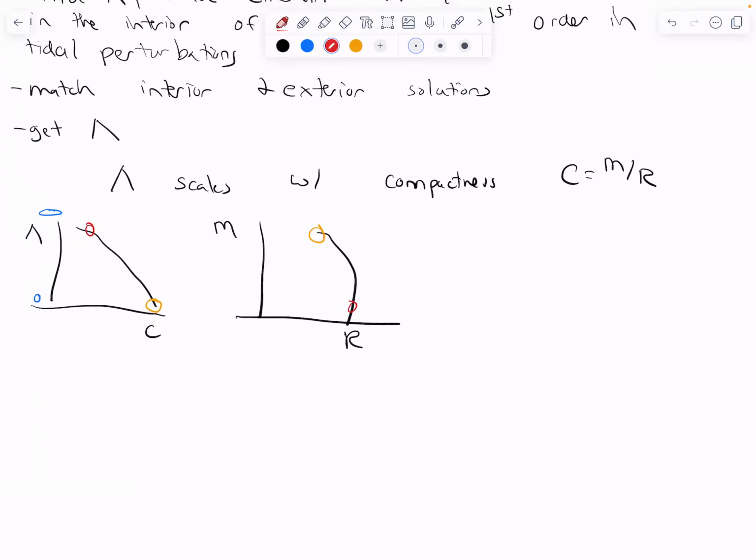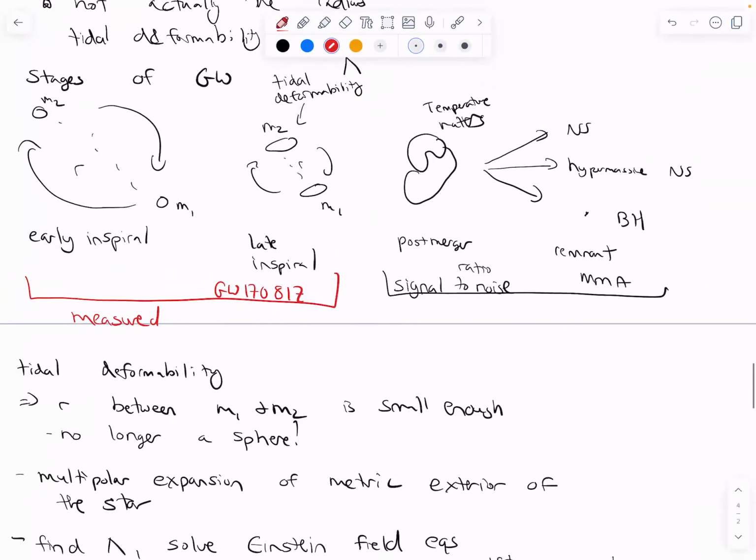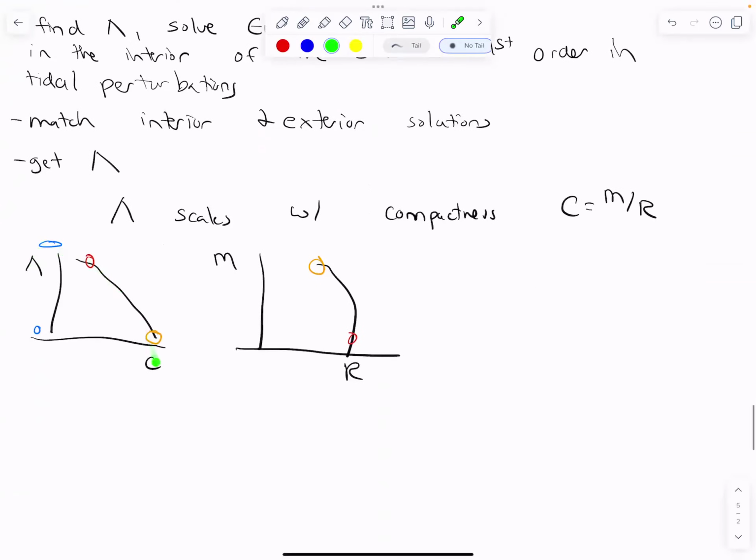So the issue is ideally if we had, you know, a binary neutron star merger, then if we go back here to this picture, the ideal scenario is we have two stars merging and I get the tidal deformability out for two stars. And then I have two new points on my lambda versus C plot and have a nice constraint for my equation of state.